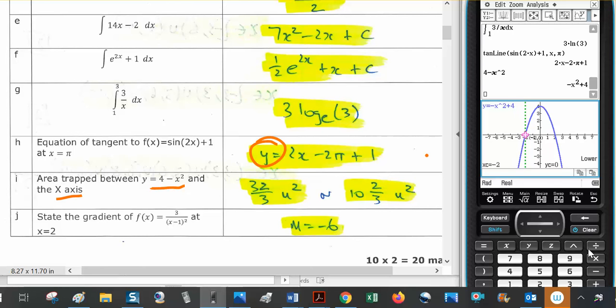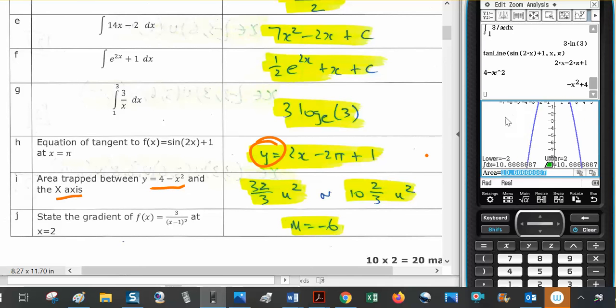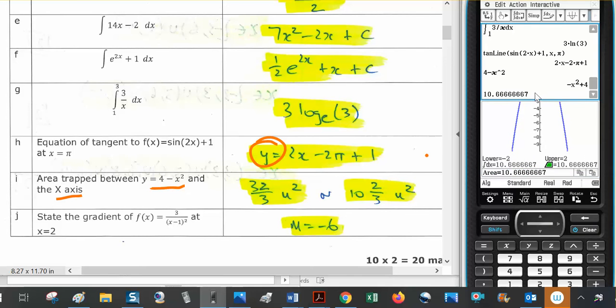I'll accept that one. Come over to the right, I'll accept that one. There's the area, 10.666667, so 10 2/3. Don't put lots and lots of sixes, 32 on 3.